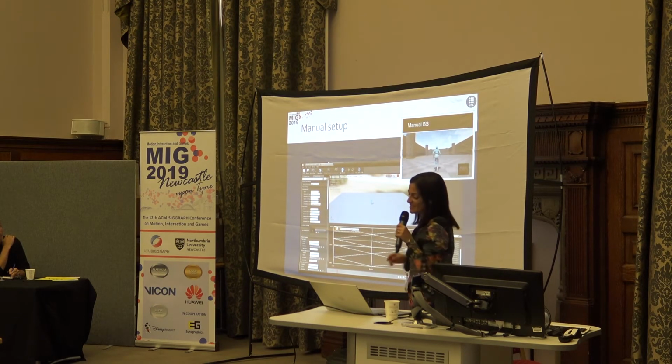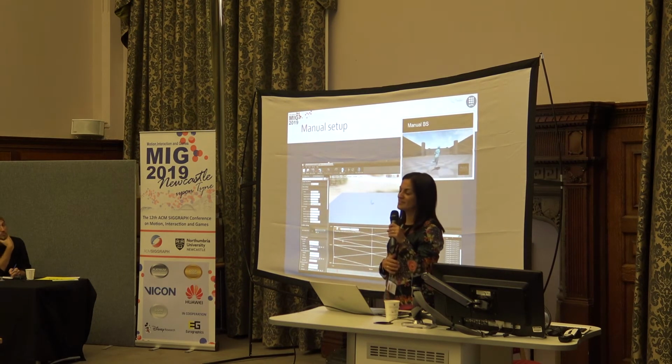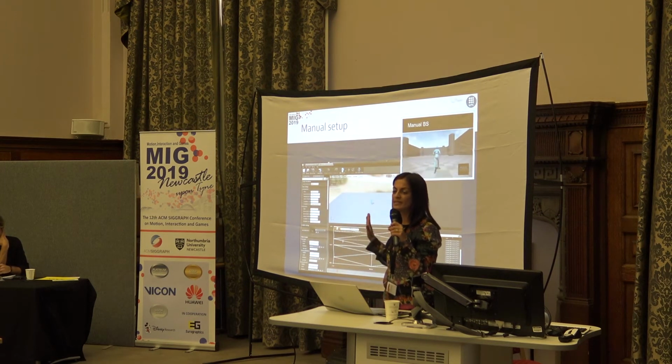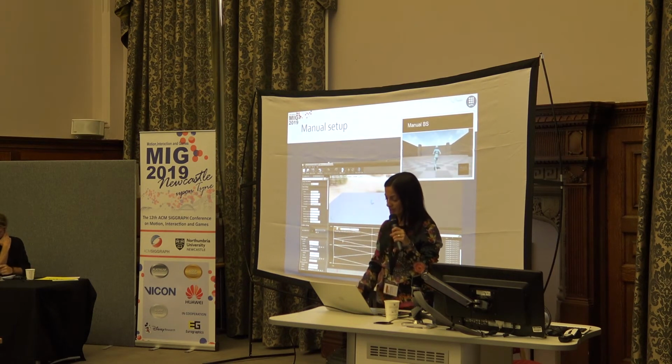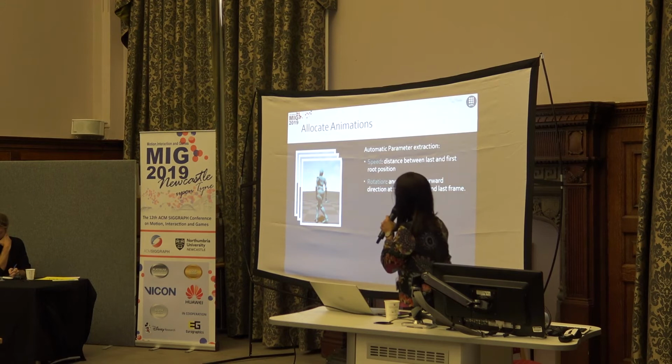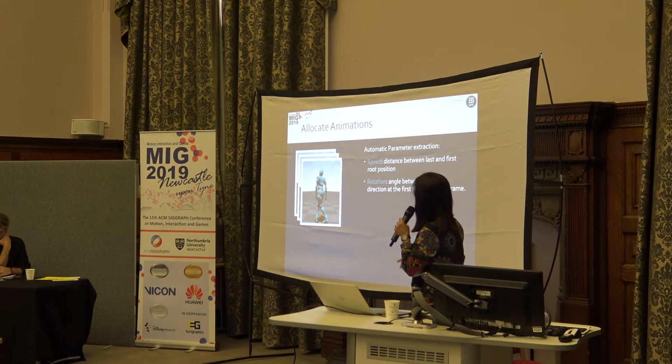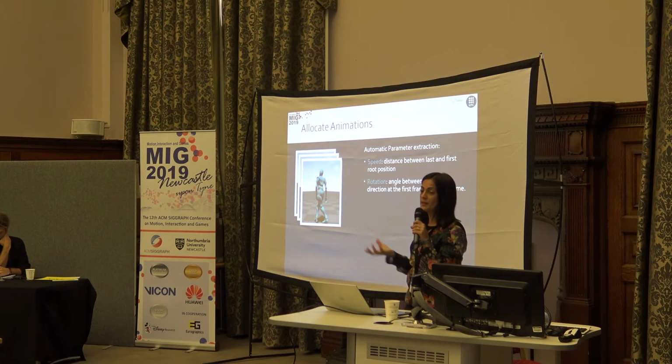So with this thesis, we wanted to try to make this task easier. Just create a tool that will automatically give you this blend space, so you don't have to fight with this trial and error process. So the tool basically gets a set of animation clips and extracts speed and rotation information from them. You can do this in Unreal easily.